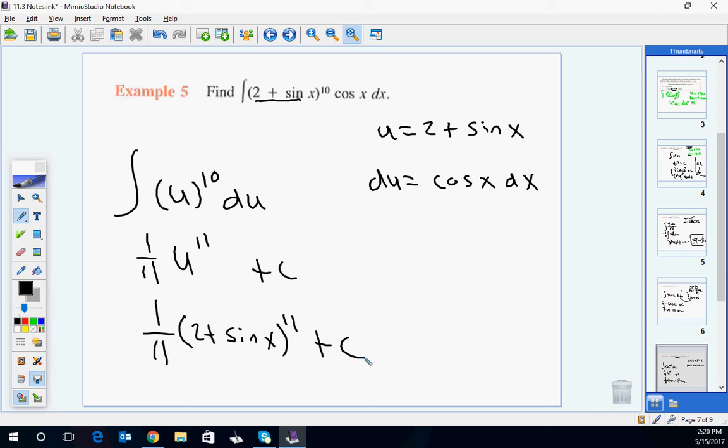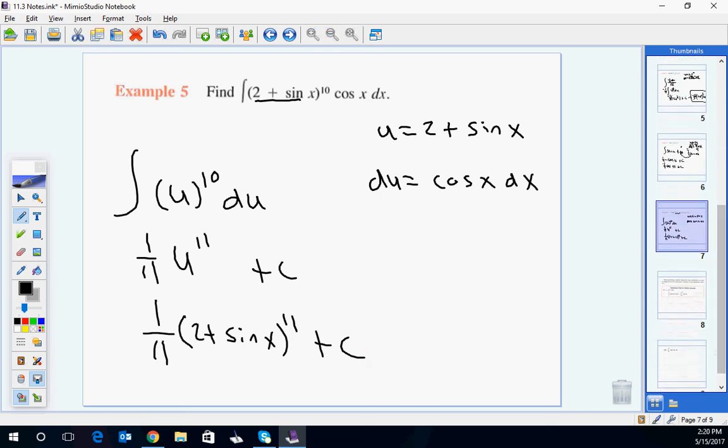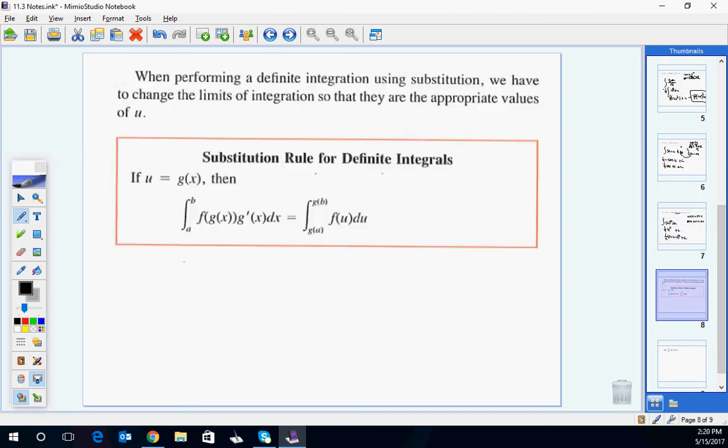All right, so we have one more to do. With this one, this is what changes when you're doing substitution rule for definite integrals. Remember, definite means we're looking at a chunk of space, so we're actually finding the area under the curve. We're looking at from 0 to 5 or whatever.